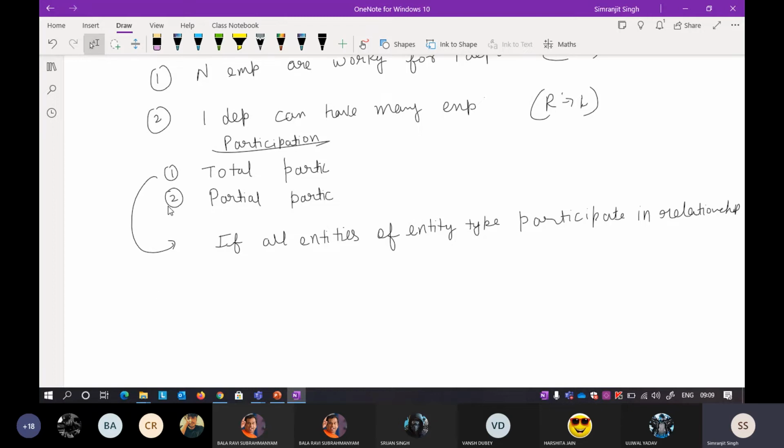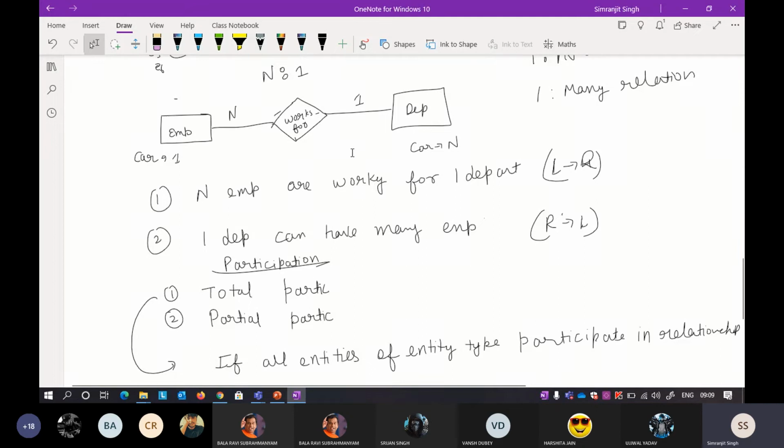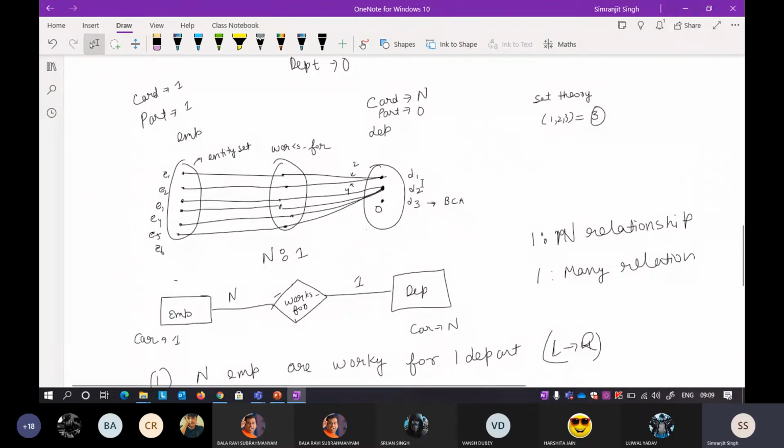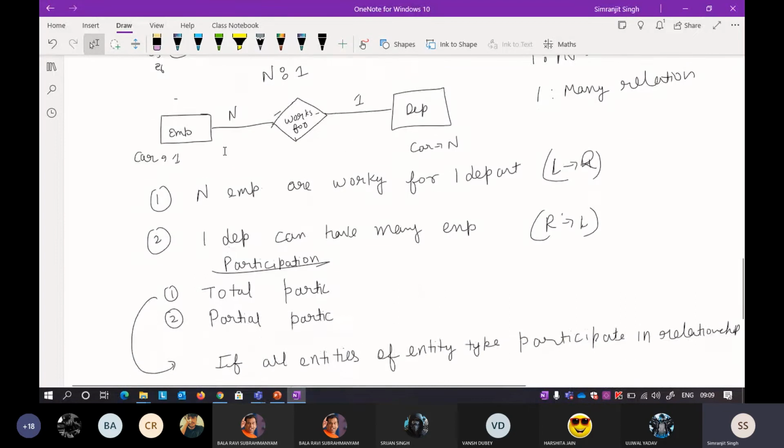If you're seeing here, all employees are working for a department. So this relationship is a total participation from the employee side, because every employee is working for some department. Okay, so that is why.